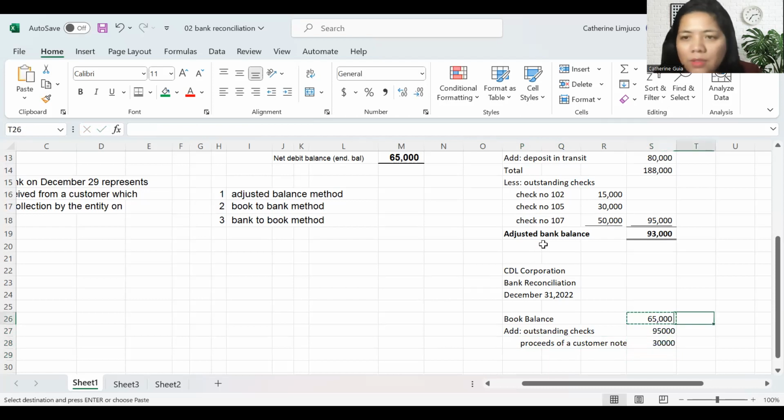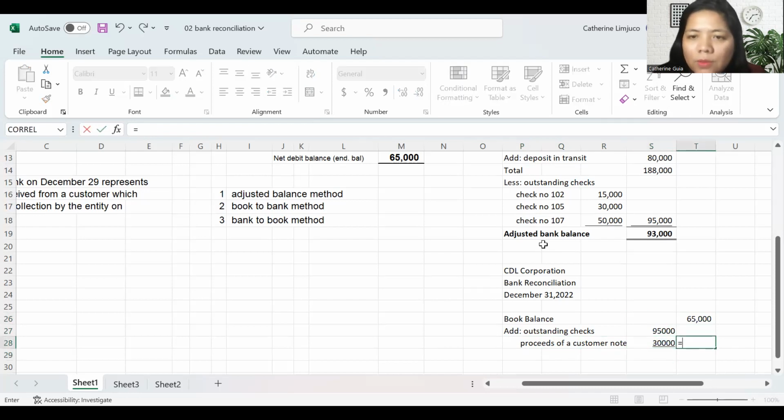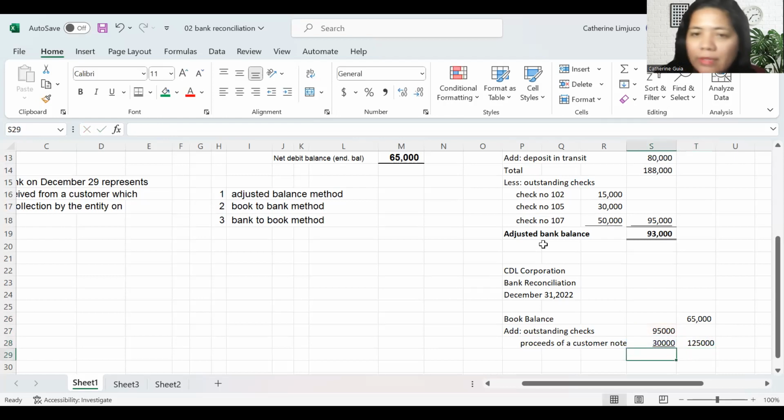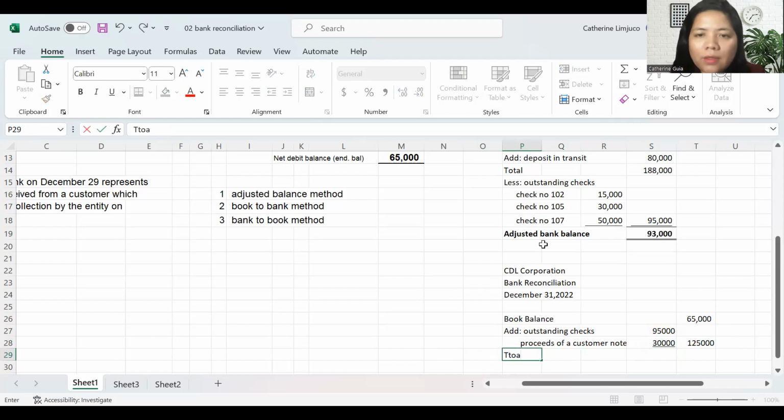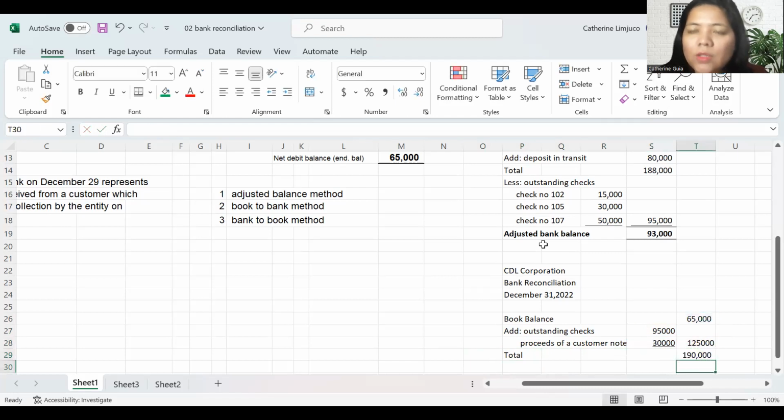Let me transfer this amount to make the presentation better. So the total addition to our book balance is 125,000. The total here is 65,000 plus 125,000, so we have 190,000.